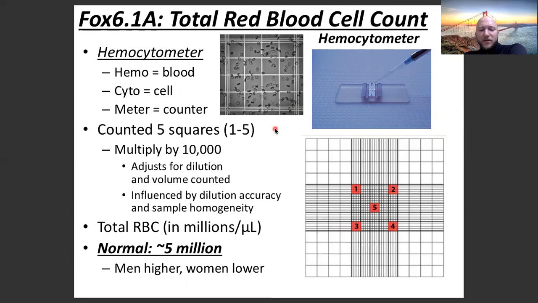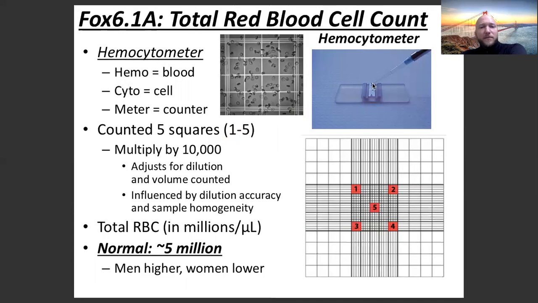We then put that blood into a vial with a known amount of liquid within the cylinder. And that liquid contained a substance that lysed every cell except for red blood cells.